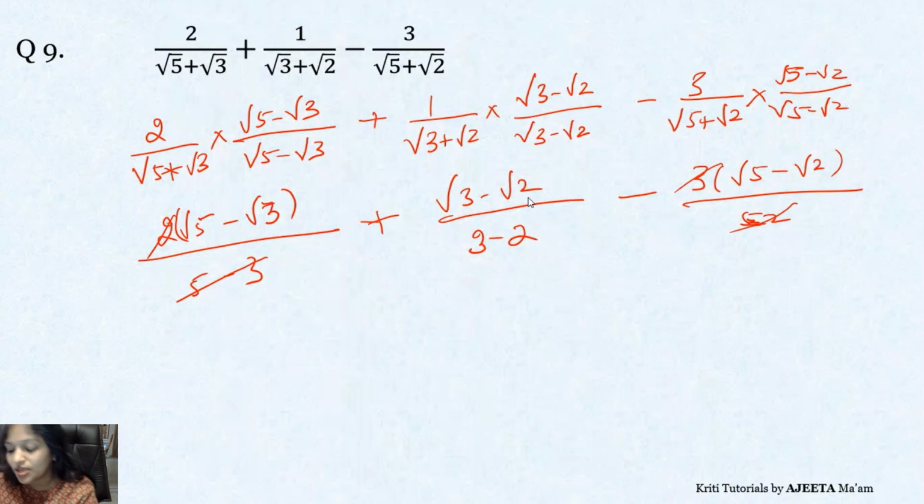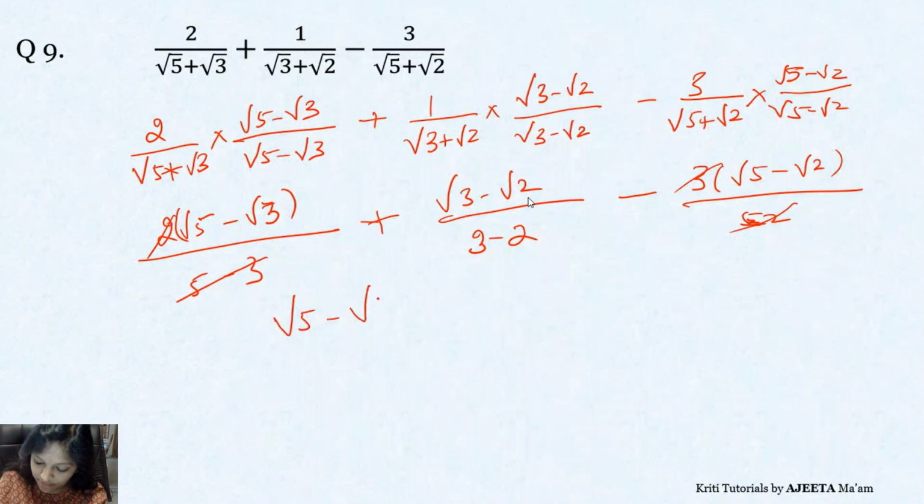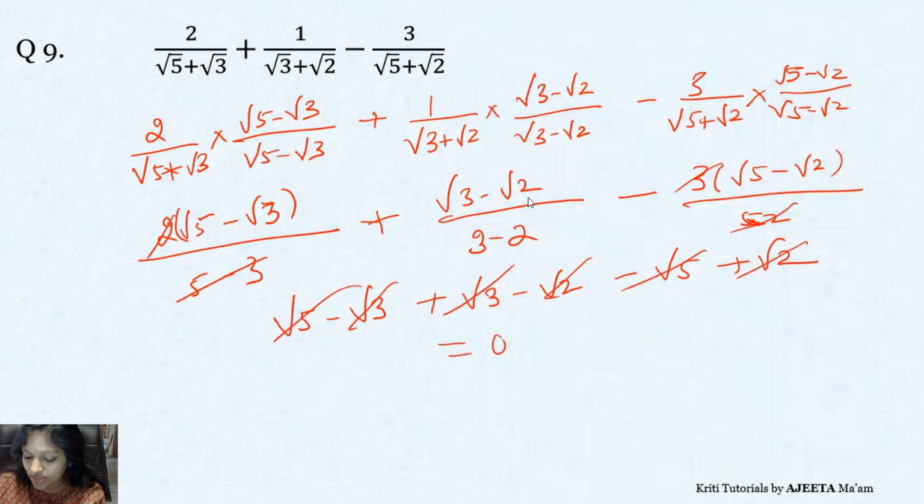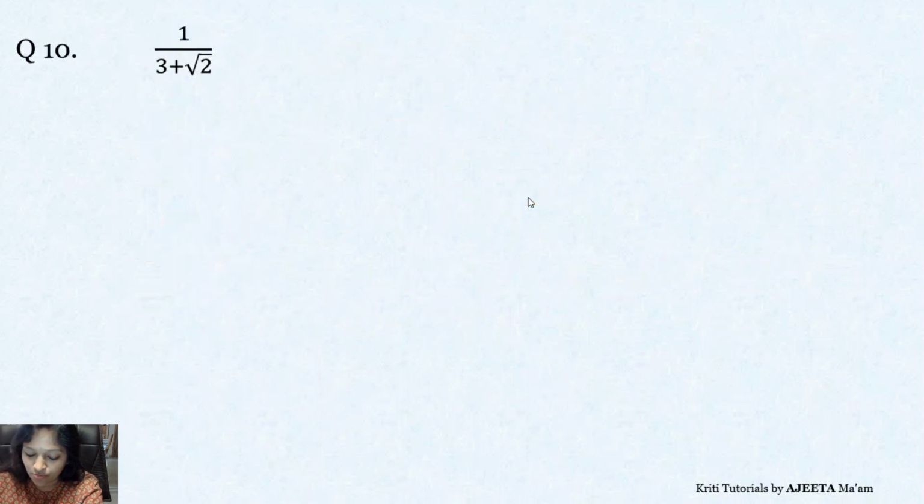So again here you see there is no term in the denominator. Just open the brackets. Please be careful with the minus sign. Minus minus plus will come here. So this cancels out, this cancels out, this cancels out. So answer is 0. This can come as an MCQ also. So you have to be very careful what we are getting. So simply we have to solve it and we can get our answer. Right? So let's move on to the next.